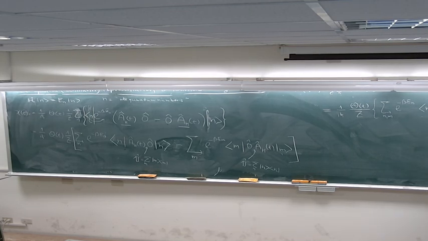From the first term. And from the second term, I'm getting this minus and e to the minus beta E_m, right? And then I have ⟨m|O|n⟩ and A Heisenberg ⟨n|A_H|m⟩.